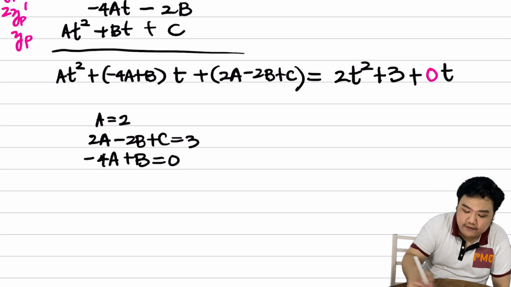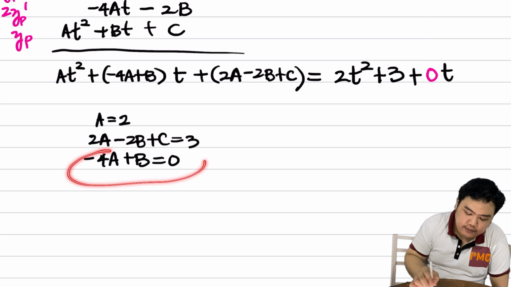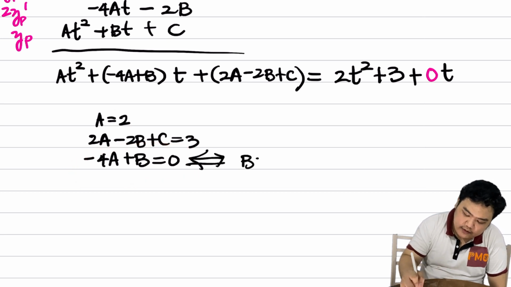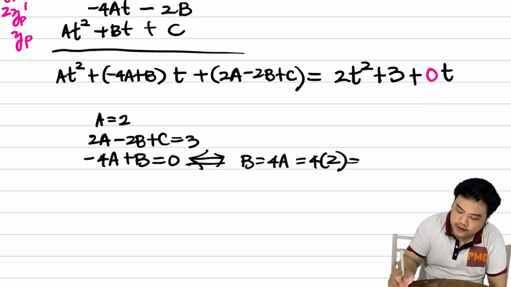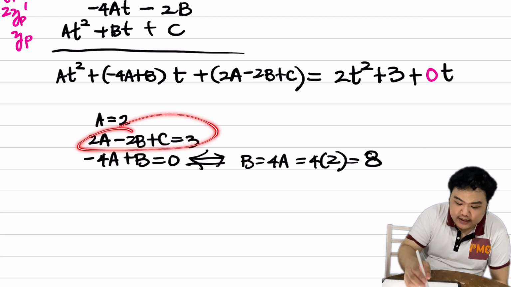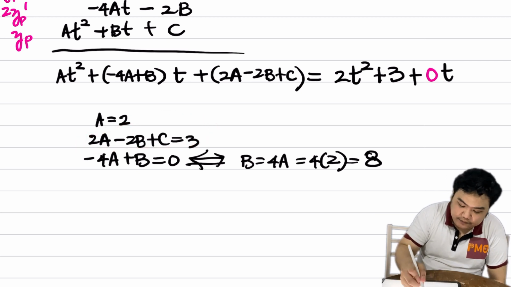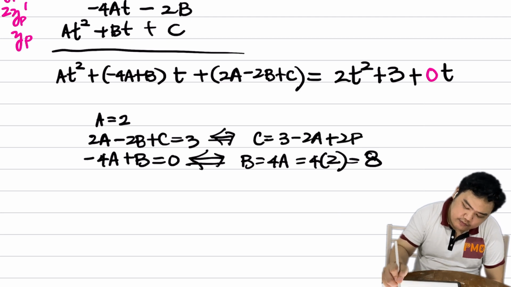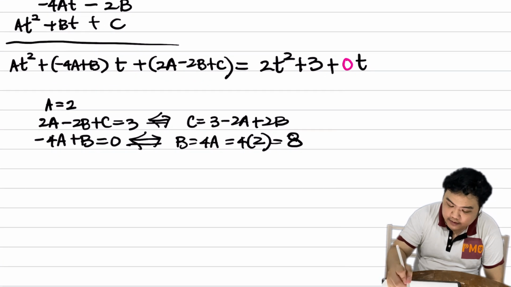So meron na tayo isang value, we have a. So from here, b is 4a, but a is 2. So b is 8. And from here, makukomplete na natin si c. So c is 3 minus 2a plus 2b. 3 minus twice ng a plus twice ng b.